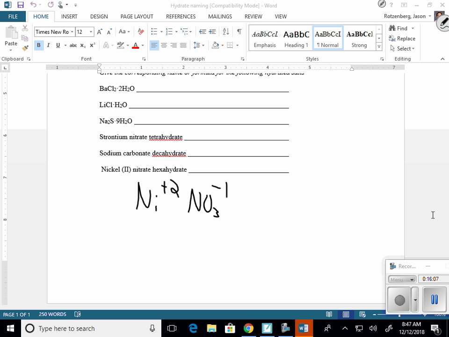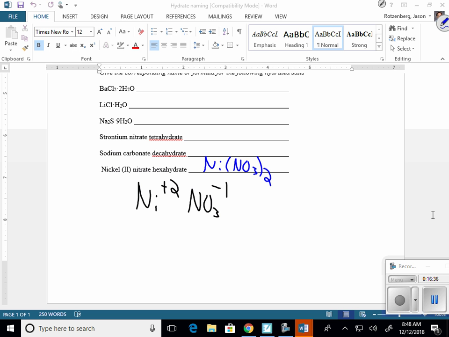Whenever you're naming these hydrated compounds, which once again means water is loosely attached to these ionic compounds, I would first just figure out the ionic part. So Brooklyn, I have Ni with a +2, I have NO3 with a -1. What would just be the formula of that? Ni(NO3)2.